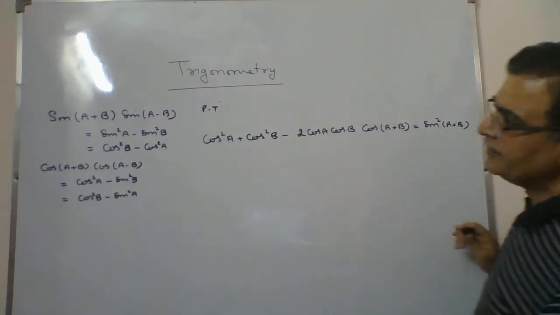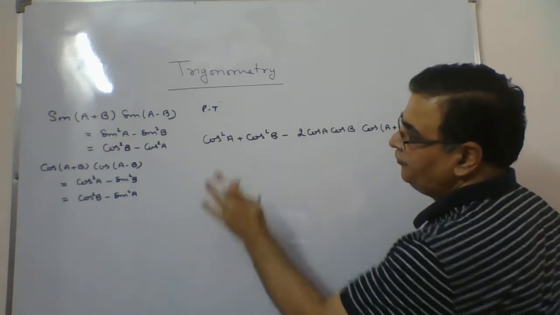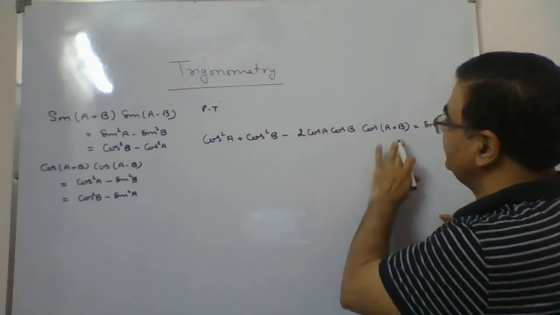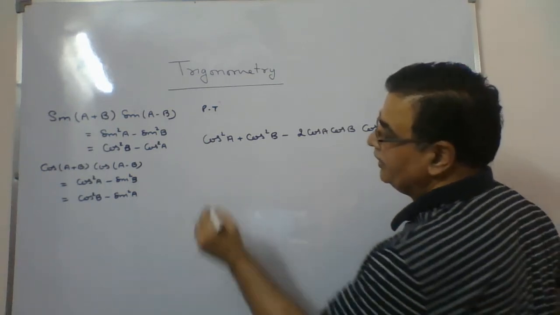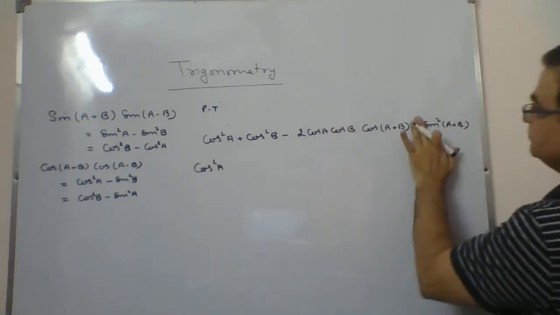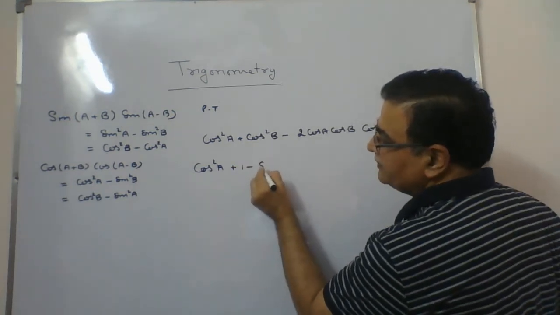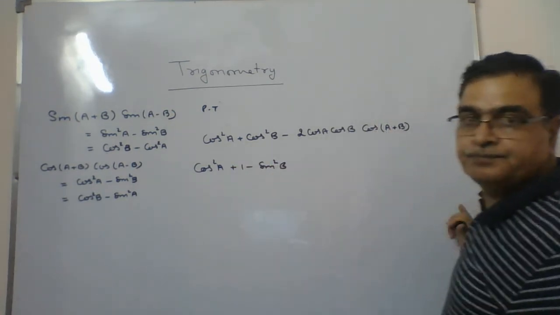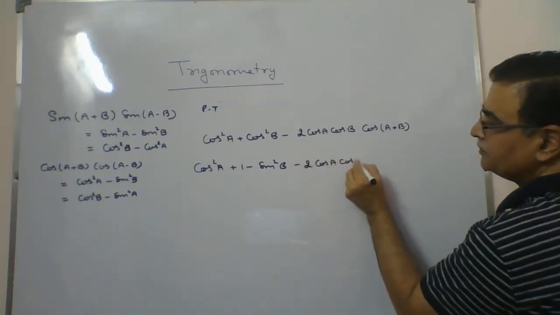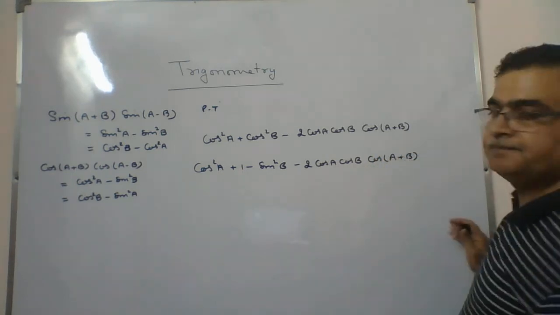So what we do in this case: here this is cos²a, this is cos²b. But if it is cos²a minus sin²b, I can have a formula for it, and then cos(a+b) and cos(a-b) is going to create. So what I do here, cos²a I take as it is, and this I'll write 1 minus sin²b, and then minus 2 cos a cos b cos(a+b) I will write.